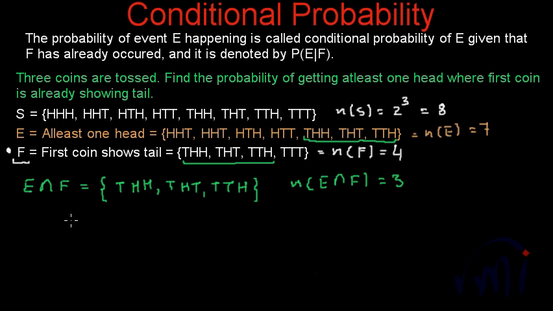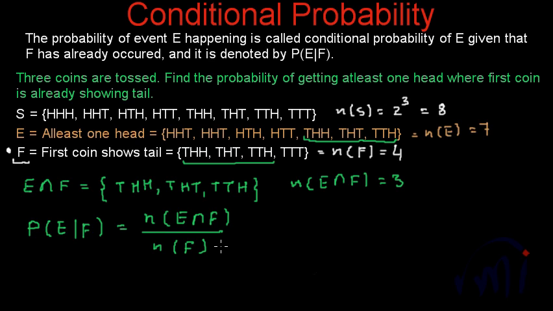And now if we talk about the probability of E where F has already occurred, this will be the number of elements in the intersection of set E and set F divided by the number of elements of set F, because set F now becomes our new sample space and E intersection F tells us the favorable outcomes to event E where F has already occurred, right?